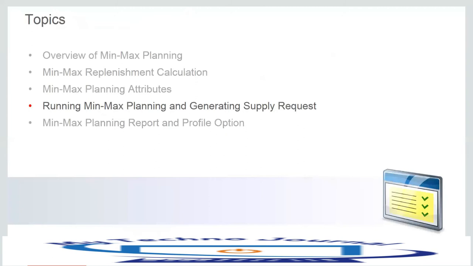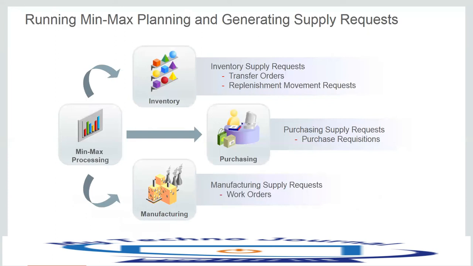So once you have set the attributes for the item either at the organization level or at the subinventory level, then you can run the report, the min-max planning report. Based on the sources which you have set and the attributes, the system is going to generate a transfer order or a replenishment movement request if the source is inventory or organization.